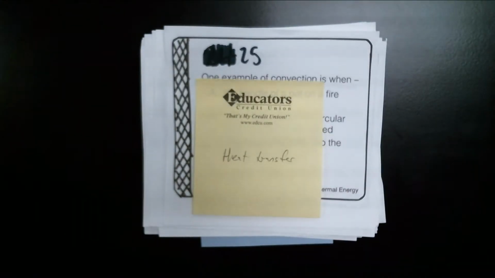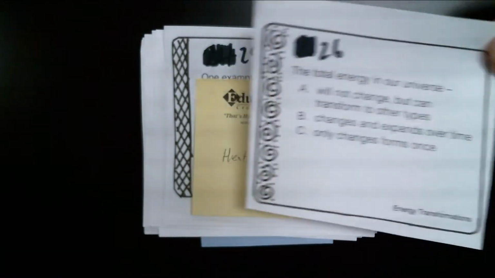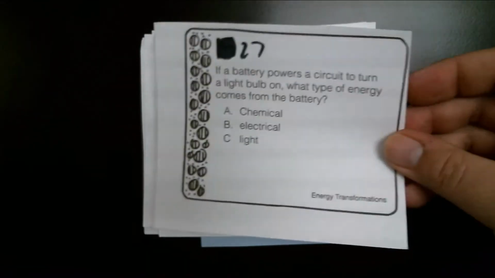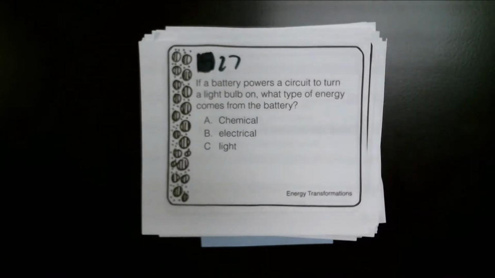Next is energy transformation. Number 26. The total energy of our universe... Number 27. If a battery powers a circuit to turn on a light bulb, what type of energy comes from the battery?